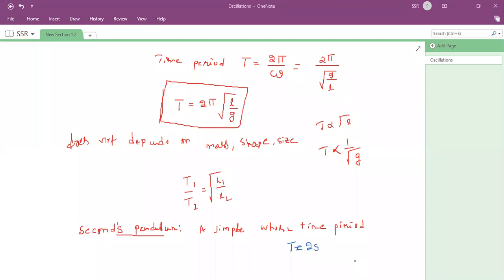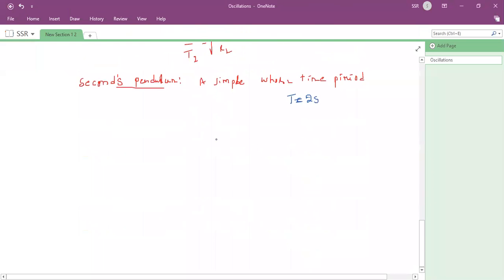Next, we know the formula T equal to 2 pi root L by G for the seconds pendulum. What is the length of the seconds pendulum? You can calculate. Here T equals 2 seconds, so substituting, 2 is equal to 2 pi root L by G. The 2s cancel, then 1 is equal to pi root L by G. I want the L value.